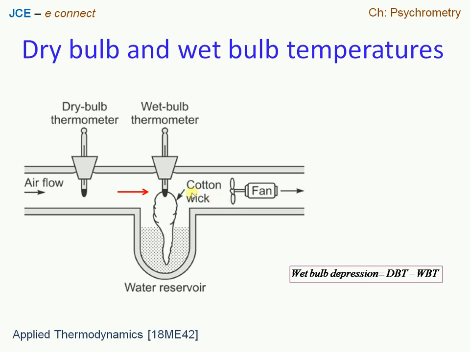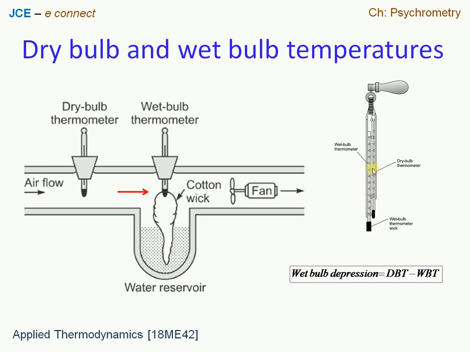And this difference becomes very clear to us when we look at the sling psychrometer. When we see them together, on the wet bulb thermometer the temperature will be only very little, whereas the dry bulb temperature will shoot up much higher as compared to the wet bulb thermometer.